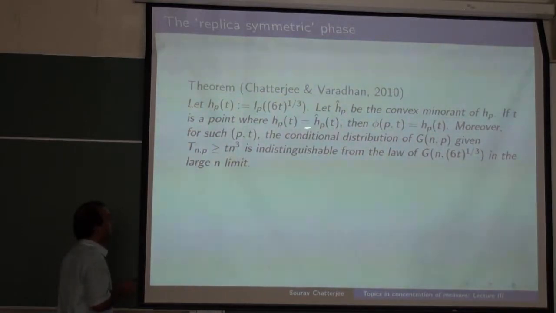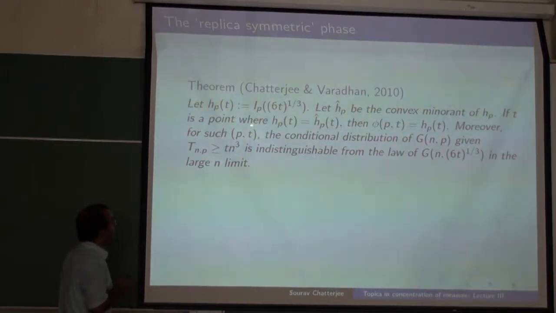If t is a point where these two coincide, then you can explicitly evaluate this. Then phi(p,t) is equal to h_p(t). So you have this explicit function h_p, but it's not convex. So you take a convex minorant, and if p and t are such that these two functions coincide, then you can evaluate.